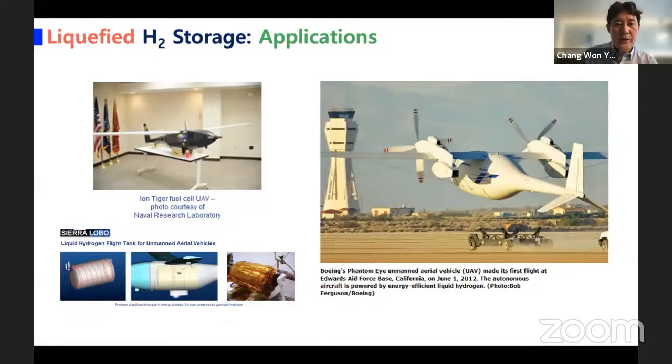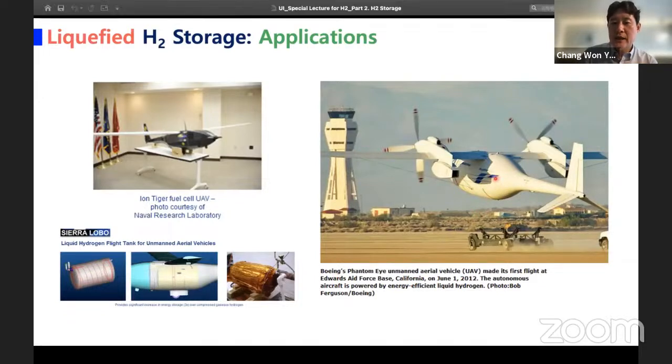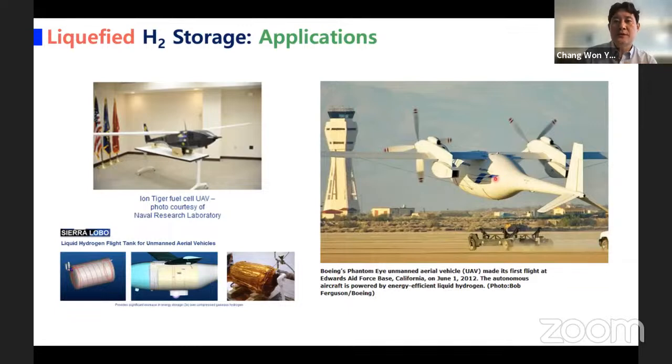This Ion Tiger drone used liquid hydrogen. And in the United States, the Boeing company developed the Phantom Eye unmanned air vehicle. It's a kind of big drone, and they use liquid hydrogen and an internal combustion engine to drive the Phantom Eye.